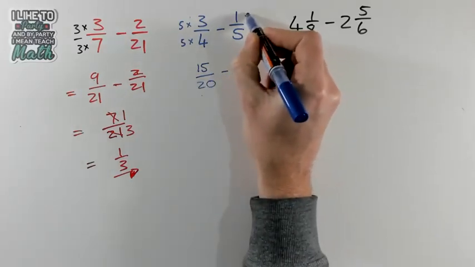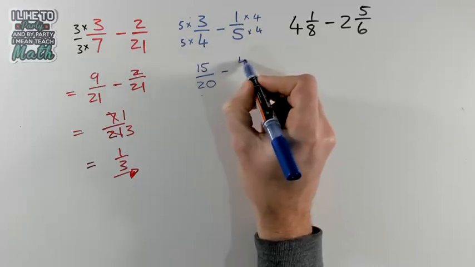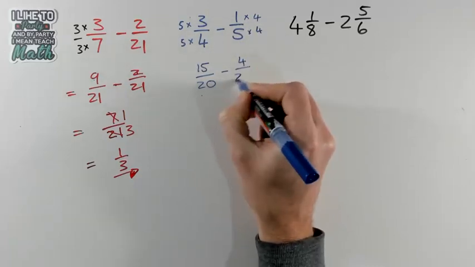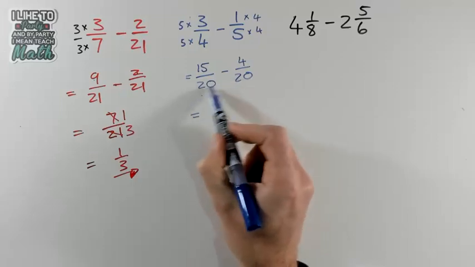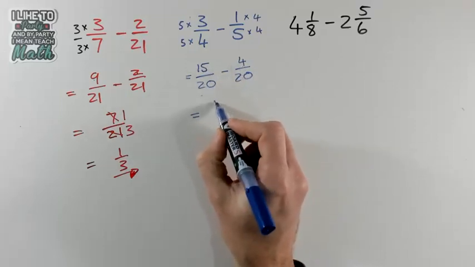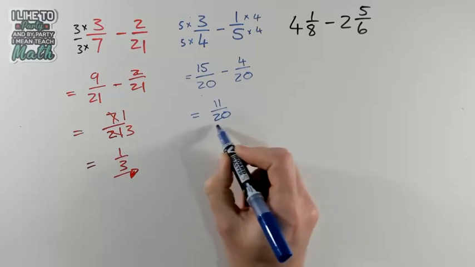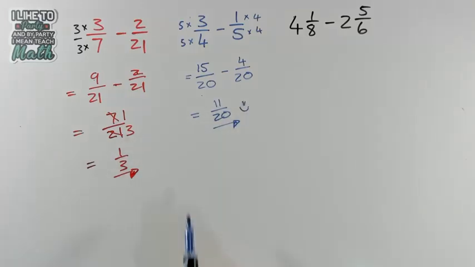And then here I'm going to multiply top and bottom with a 4. So 1 times 4 is 4, and 4 times 5 is 20. And now I have 15 minus 4, and that's going to be 11 over 20.